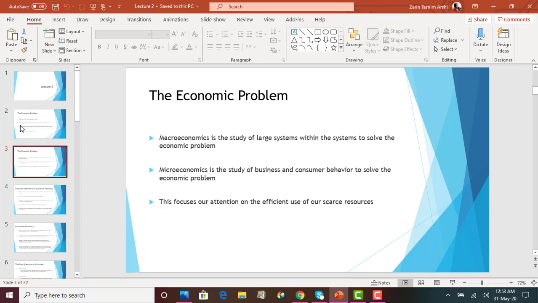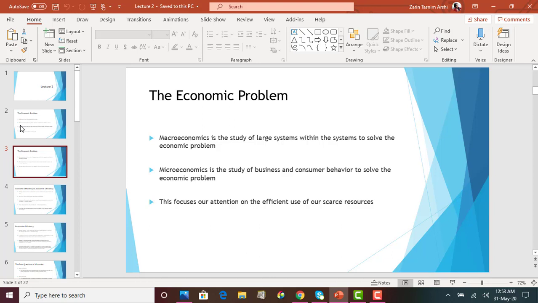Okay, so under the economic problem we look into macroeconomics. Macroeconomics is the study of larger systems, such as the Texas economy or the US economy, in order to solve the economic problem. On the other hand, microeconomics is the study of smaller units, such as businesses or consumers, to solve the economic problem. So economics as a whole is a study to solve the economic problem.